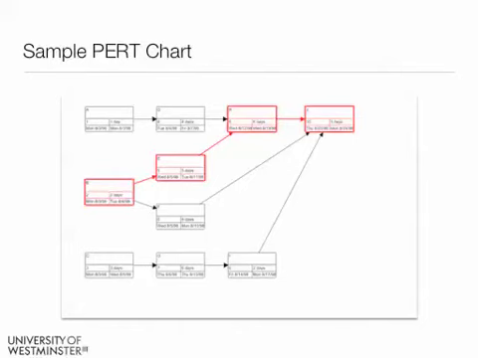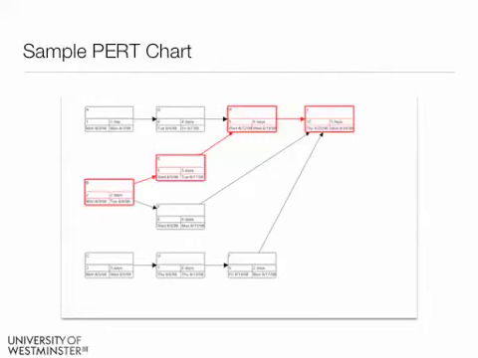So we have to do task A before we do task D. And we have to do tasks D and E before we do task H. You'll also notice that some of the boxes are in a different colour.